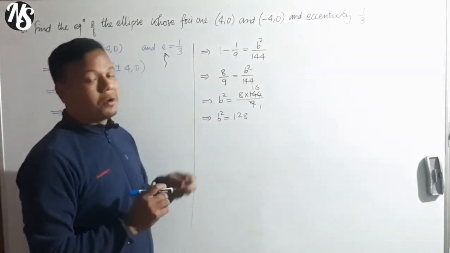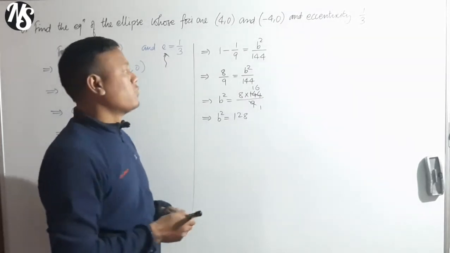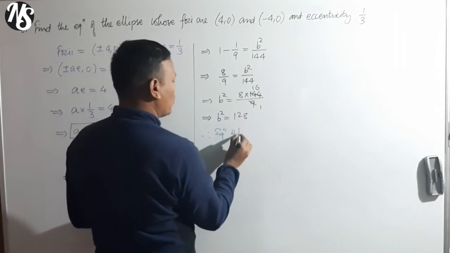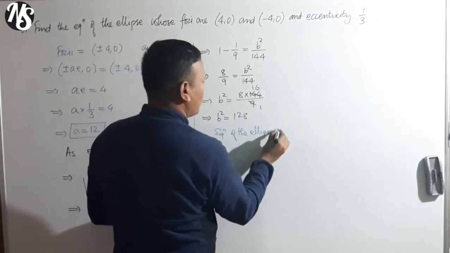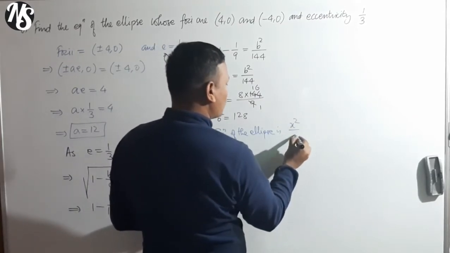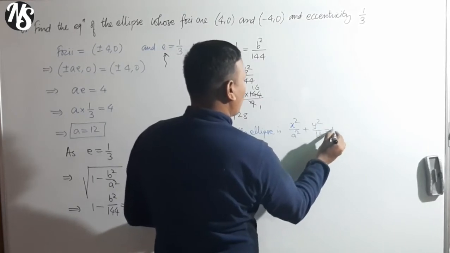No, because in our equation of the ellipse we have b squared, isn't it? So the equation of the ellipse is x squared by a squared plus y squared by b squared equals 1.